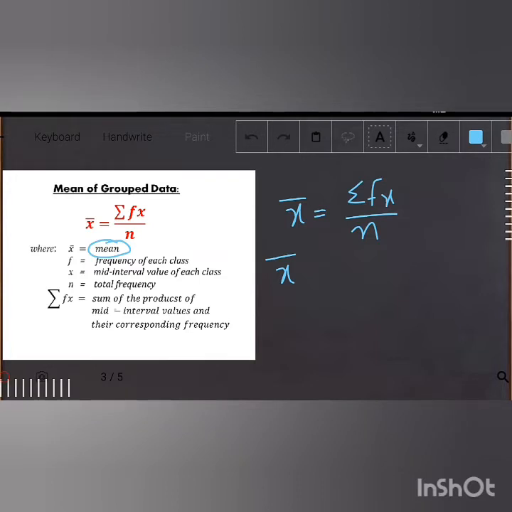Now what does x mean? The x value can be found by taking the mid value of the given class interval. How do we obtain the mid value of the given class interval? For that we have a formula, x equal to lower limit plus upper limit by 2.